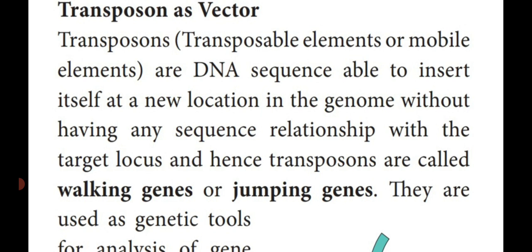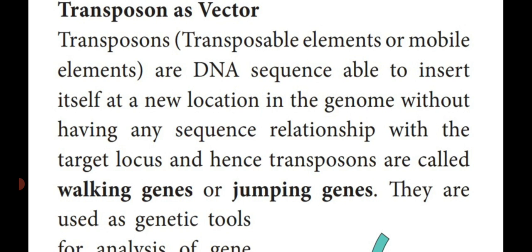This DNA sequence has the capacity to insert itself into a new location in the genome of another organism without any sequence relationship with the target locus of a plant or an organism. Hence, these transposons are called walking genes or jumping genes.